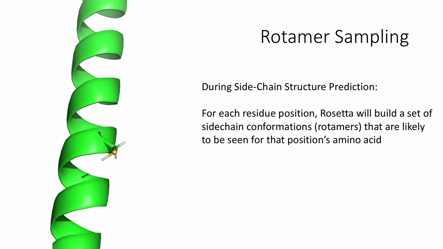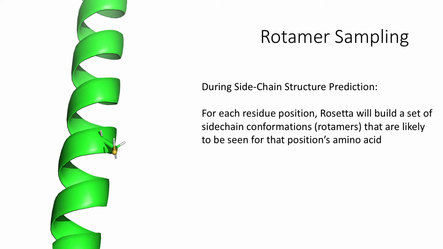The sidechains themselves are flexible just like the backbone. However, they're predictably flexible. They have fewer degrees of freedom, and we have enough data on crystal structures of proteins to be able to group different sidechain conformations, cluster them, and just sample them discretely.